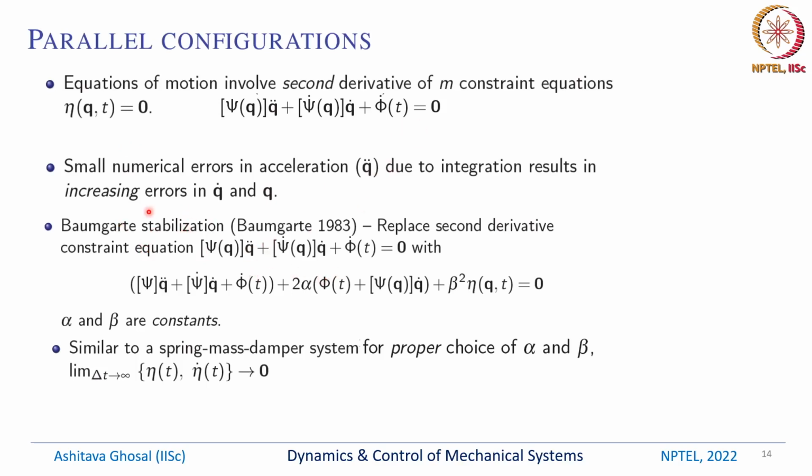The errors in the loop closure constraint equations will not grow with time, because as t tends to infinity, they will go to 0. But it is not very clear how to choose alpha and beta. You have to play around with alpha and beta.